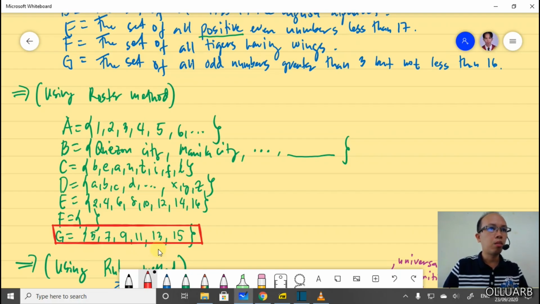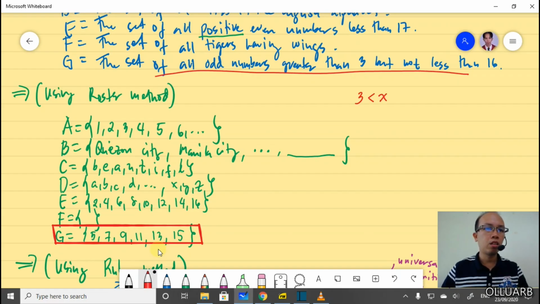Let me have a correction here. So for example, this is our set. It says here that your x is greater than 3, and there is a word here that says but not less than 16.